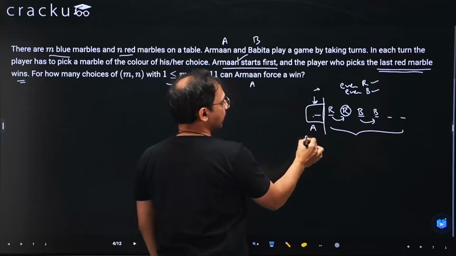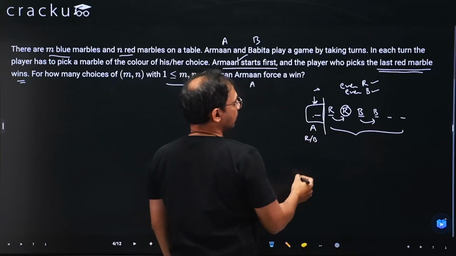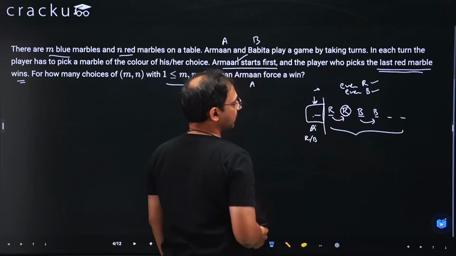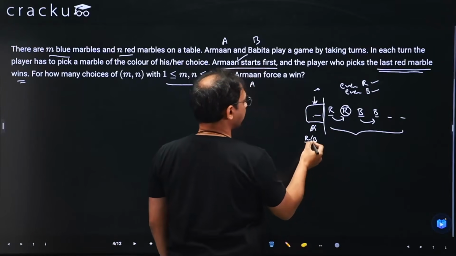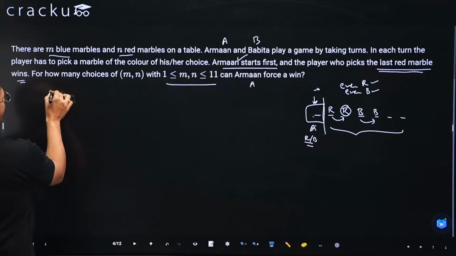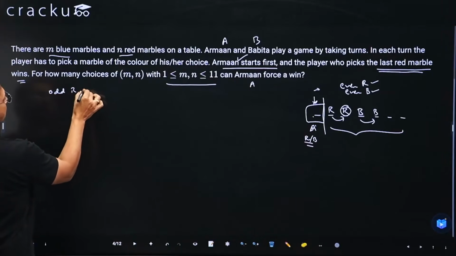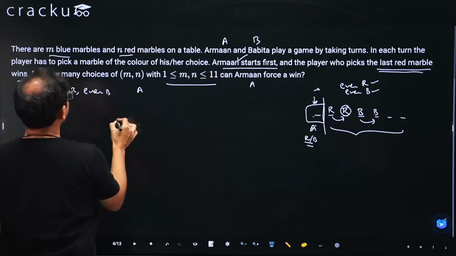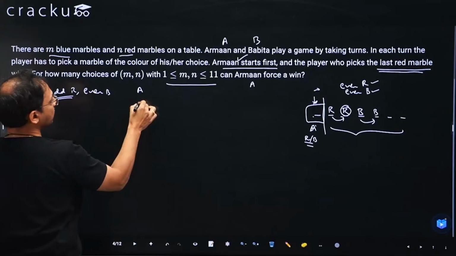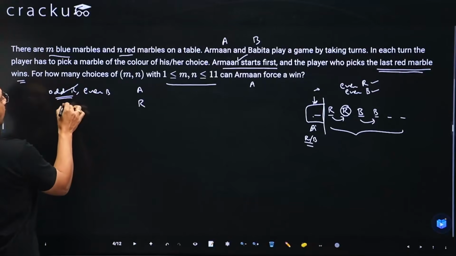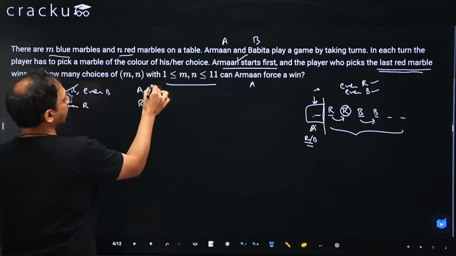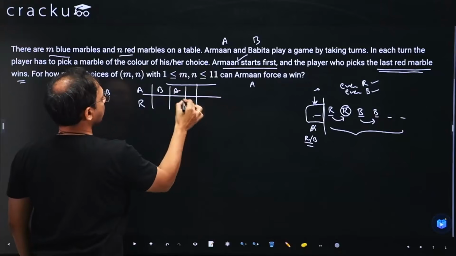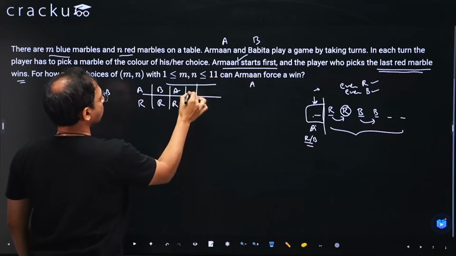This one can be red or blue. So that guy will pick whatever is the extra one. For example, if this extra one is red, we have an odd number of red marbles and an even number of blue marbles. So Arman will pick whatever is the odd one first. Now you will have even reds, and whatever Babita picks, he'll just copy.